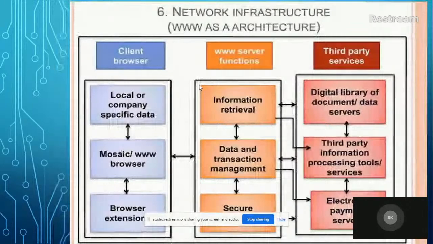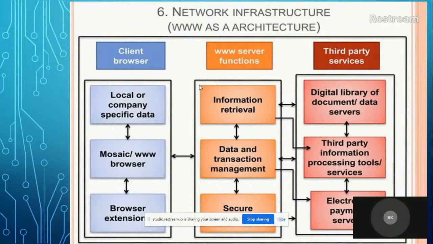And the last infrastructure is the network infrastructure. In this WWW architecture, the client browses with the help of a website where the company specifies the data, whatever data and products are available, and they are visible through the browser.